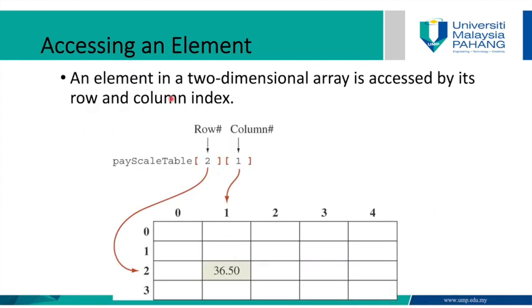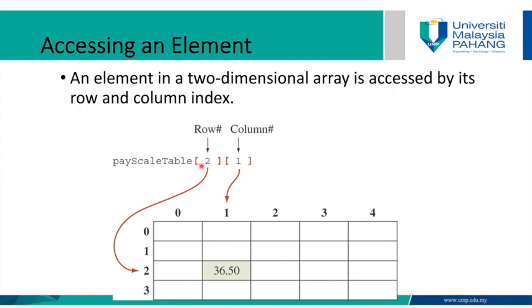So when you are trying to access an element in a tabular array, in a 2D array, you can actually access it in a specific location. For example, here, if you want to access this value here, 36.50, how can you do it?